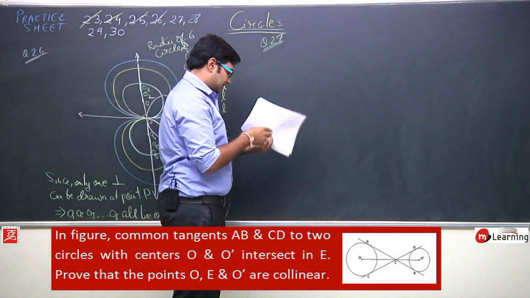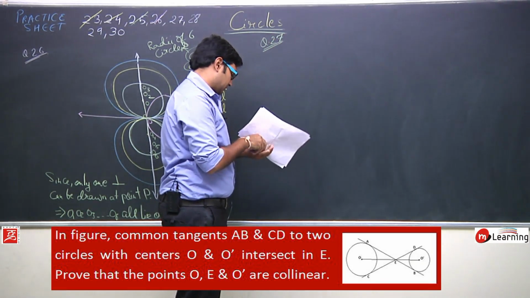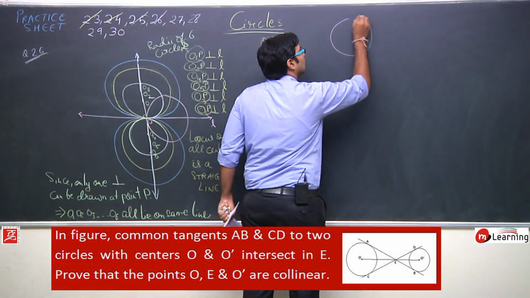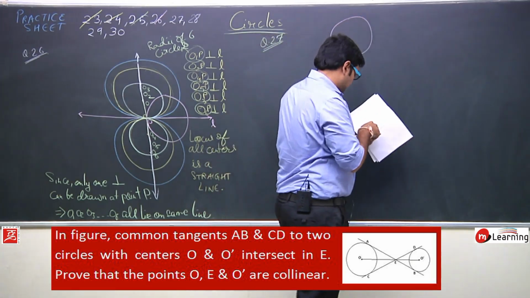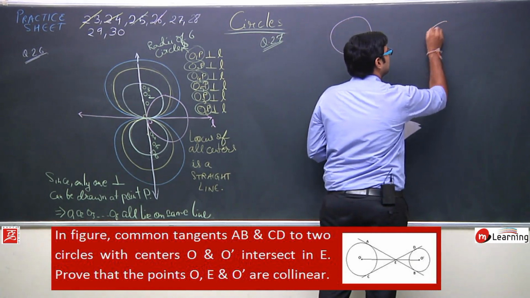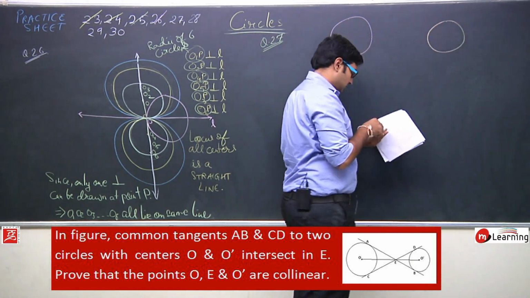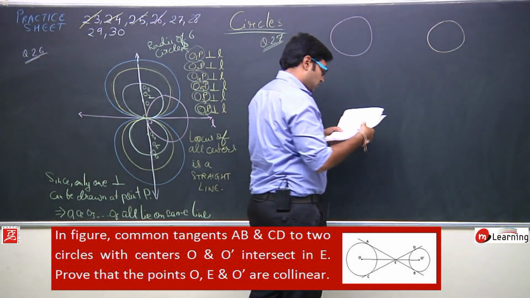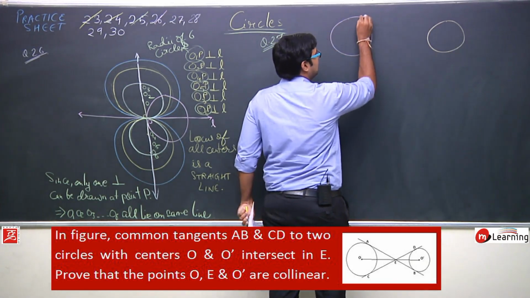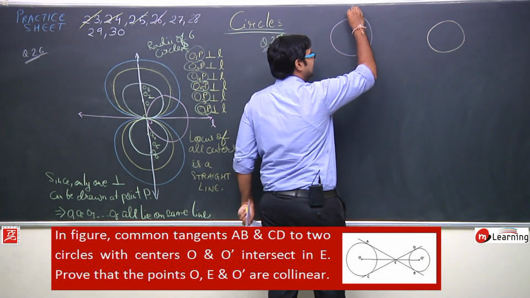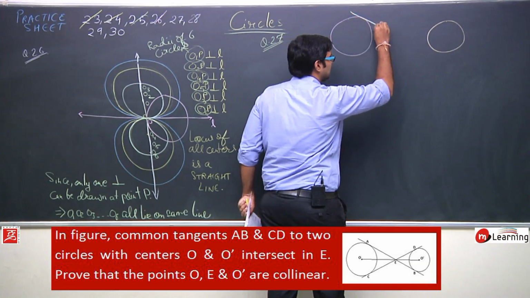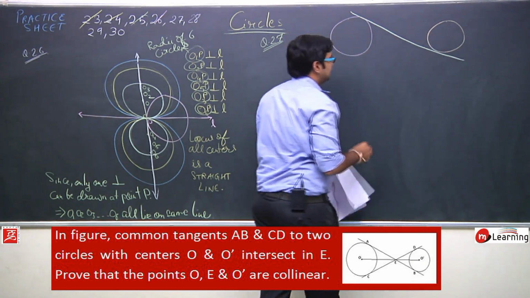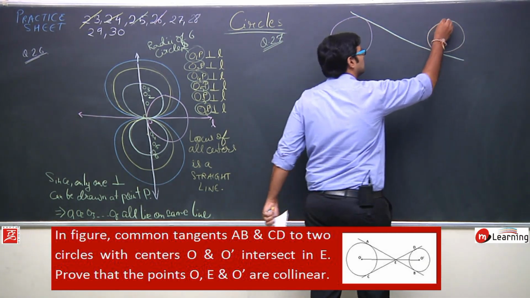Question number 27, it says that there are two circles. This is one circle and this is another circle, and we have two tangents drawn to these circles. Now what is a common tangent? A tangent which is tangent to this circle as well as to another circle, something like this.